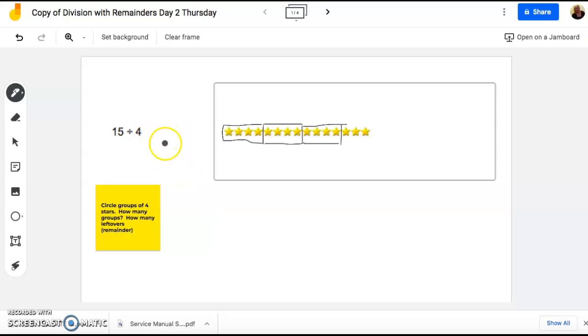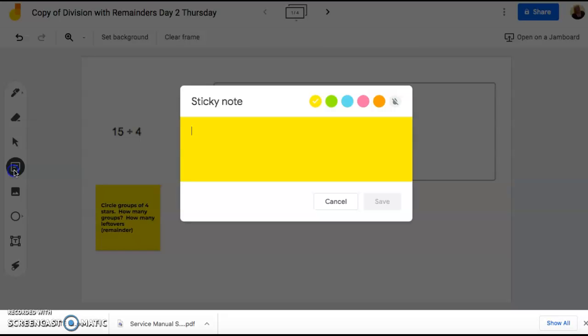So 15 divided by 4 equals, and I'm just going to use a post-it note. You can either use a post-it note or I don't think you can add a text box. So post-it note. So you're going to do 15. And remember how I showed you how to do the division symbol yesterday.